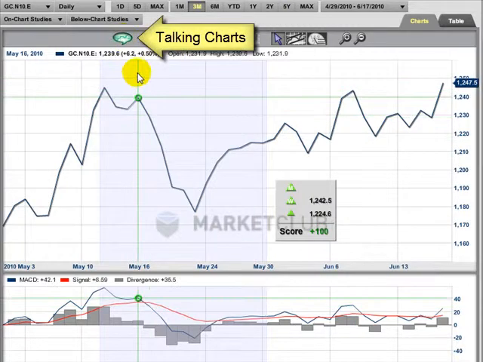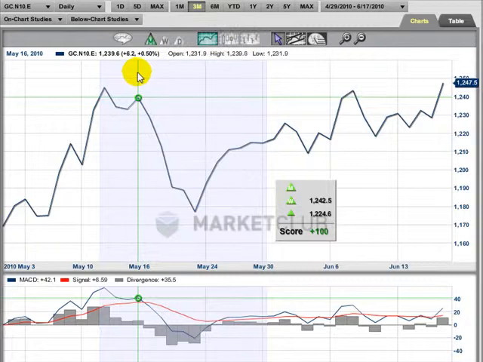The plus 100 chart analysis score on this chart indicates that this market is in a strong uptrend. Keep an eye out for this to possibly hit a score of plus 90 if there is an intraday pullback. Also, make sure you're always using proper money management techniques. So there you have it. We have our talking chart technology that can help you during the day, anytime, analyze any market.